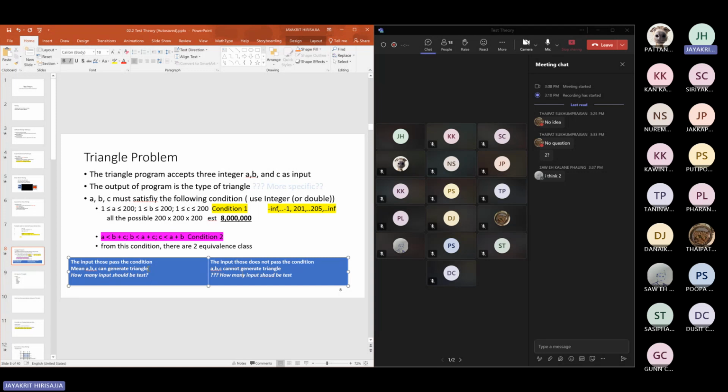For the first condition, what should be the proper input that should be tested here? Do we need to input an estimated 8 million inputs to make sure that the program is working?